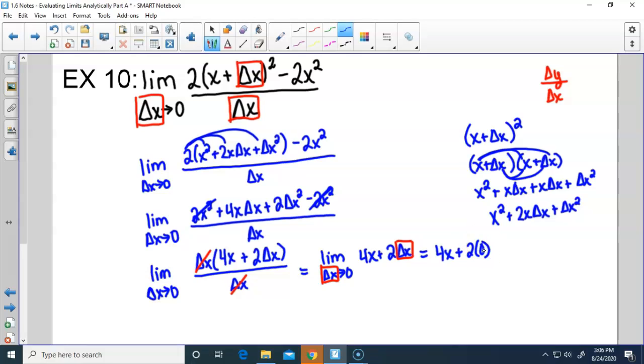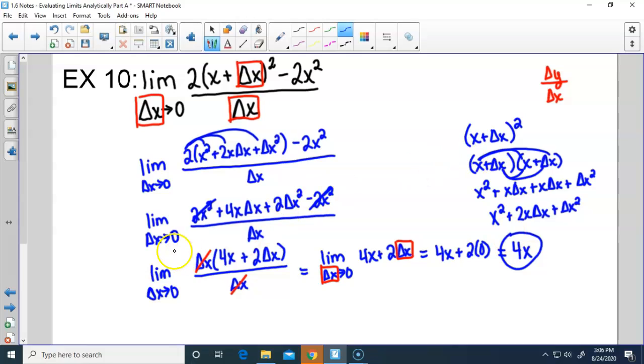We don't need the limit notation anymore because we're plugging the number in. And 2 times 0, of course, is 0. So we get the answer here of 4x. Now, that seems a little bit strange because we're getting an answer that still has a variable in it. There's something very specific that we're going to use this type of limit for in just a few sections later. So you will see these again. But for right now, we're just going to work on using them to simplify.